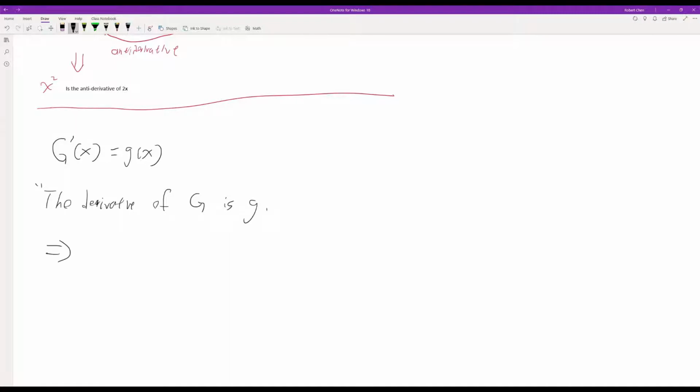That is, we can call G an antiderivative of lowercase g. Okay, so capital G prime is equal to lowercase g, so the antiderivative of lowercase g is capital G. Maybe that would make a little more sense.